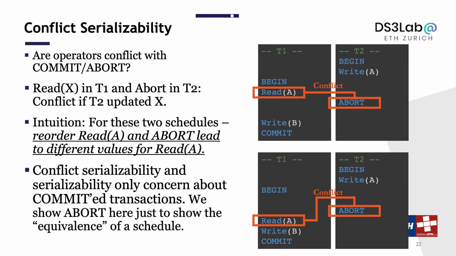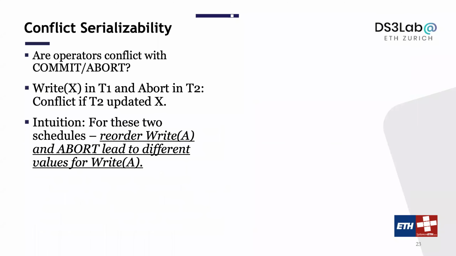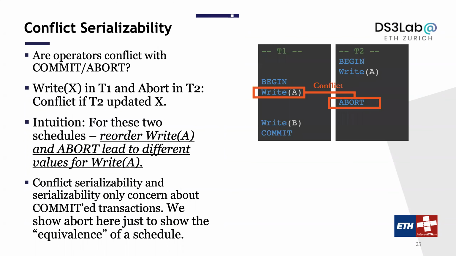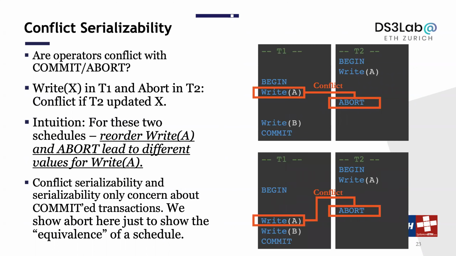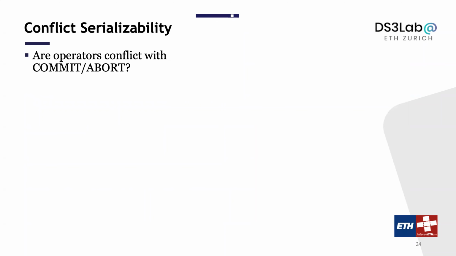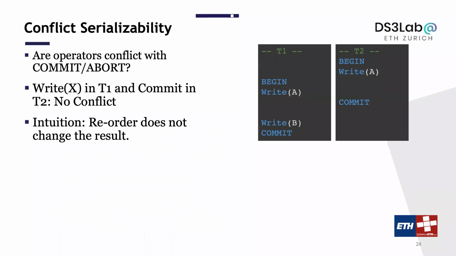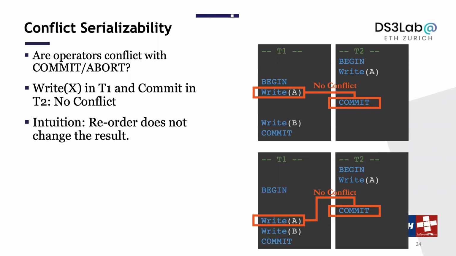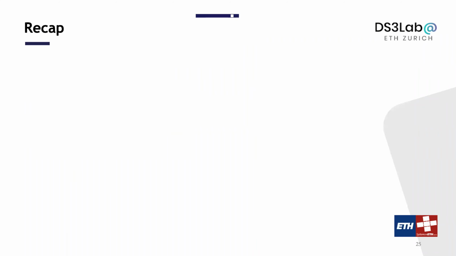That is why the order between reading A first or aborting first matters. Similarly, a write operation conflicts with the abort operation. You cannot reorder them; if you do, you end up with very different behavior. But for commit, you have the luxury to reorder them. It won't change the final result of your transactions.